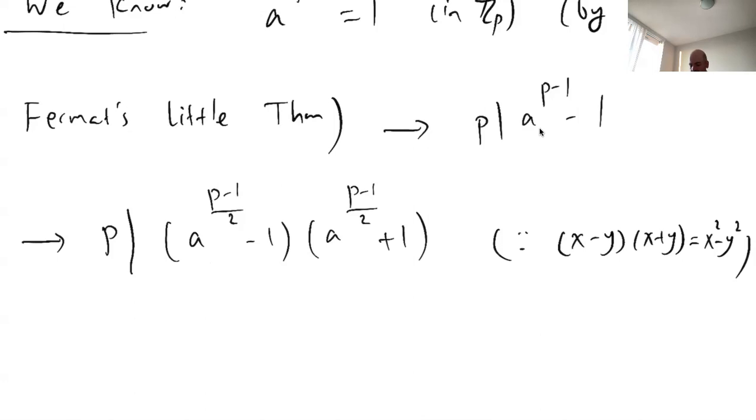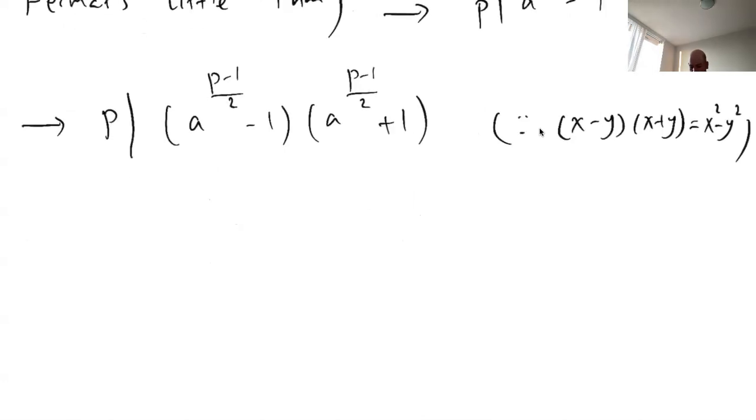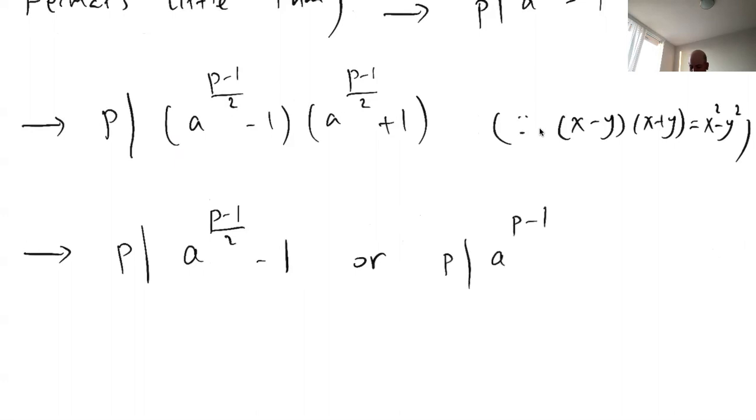Now, what does that mean? So that means P divides A to power P minus 1 over 2 minus 1, or P divides A to power P minus 1 over 2 plus 1. Okay, now if A is a quadratic residue, what can I say?